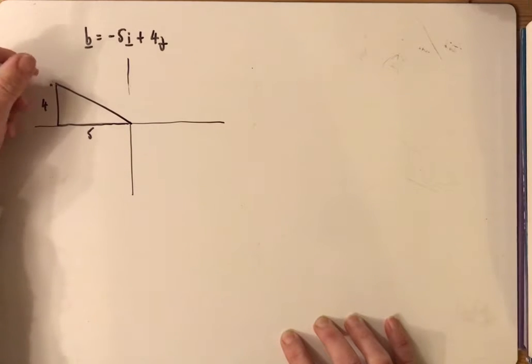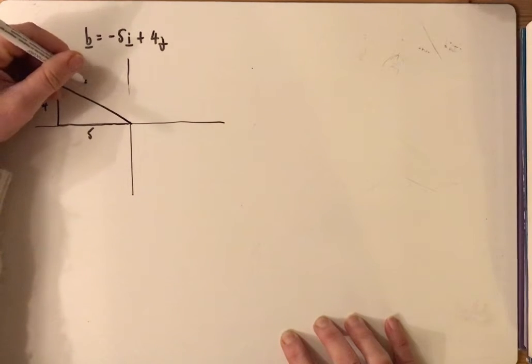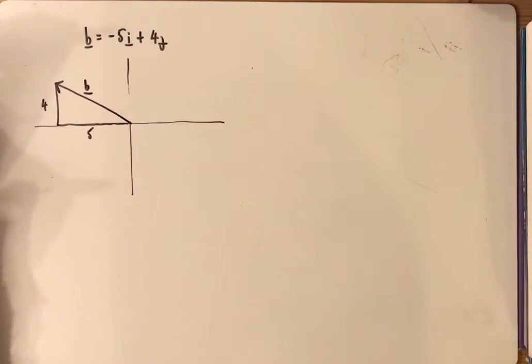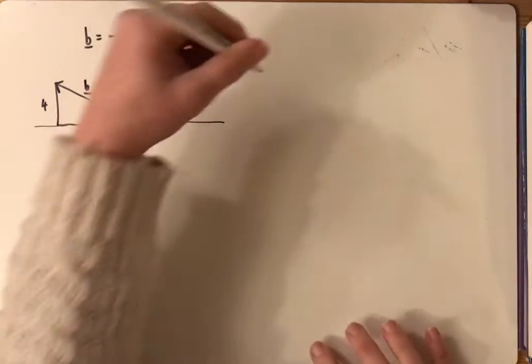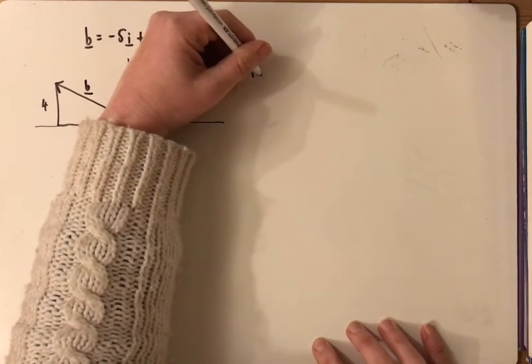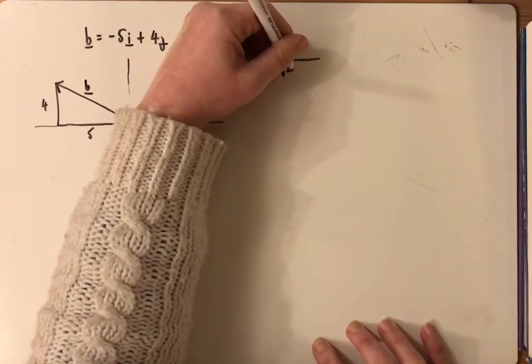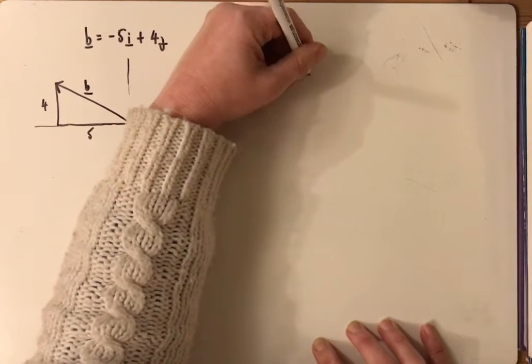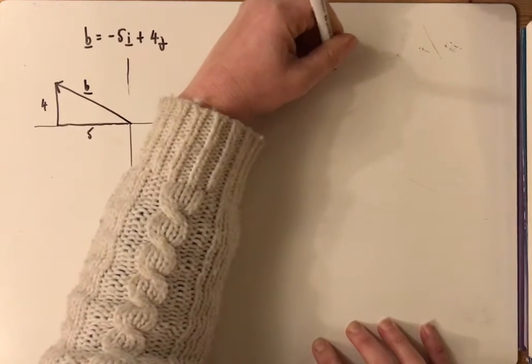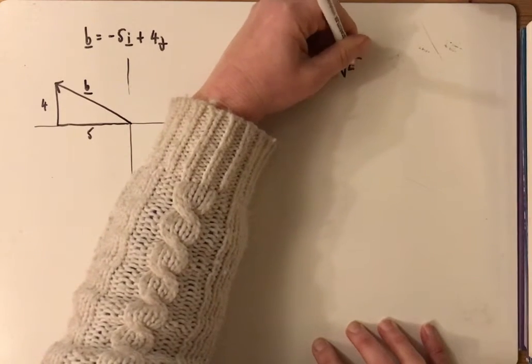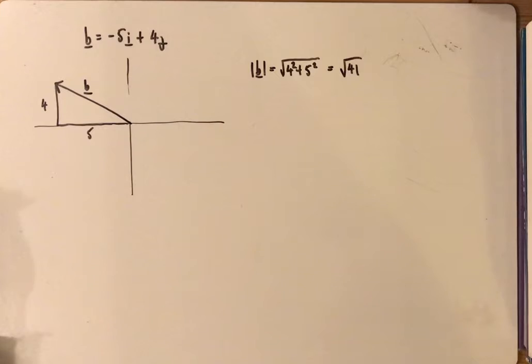So finding the magnitude is straightforward, so that's just Pythagoras. So magnitude of B is the square root of 4 squared plus 5 squared, which is the square root of 41.